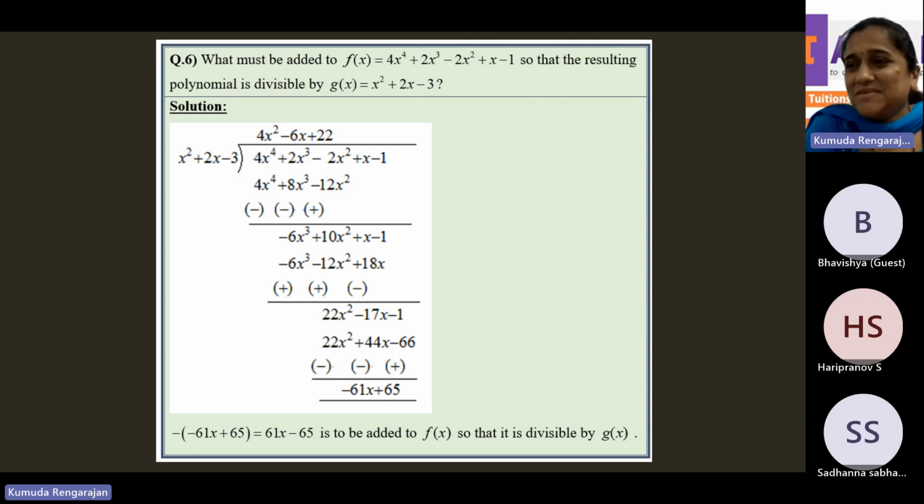I told you, you should trust me. Long division is very important. But when I did this last year, my teacher said long division is not important, only synthetic division is important. All right, children. This question was actually done in the last class. Hari, you told me that this long division is not clear for you. We'll do it.